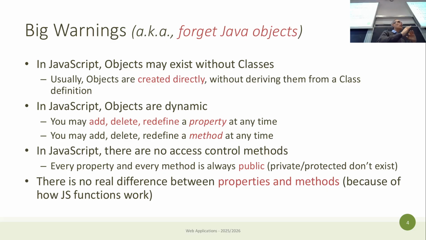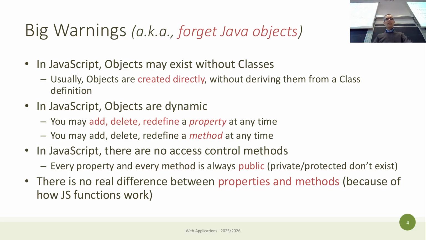So we are going to see traditional JavaScript objects. So objects are just created directly without deriving them from a template, which we also name class as in traditional object-oriented programming. And objects are also dynamic, differently from traditional object-oriented programming. So you can add and remove properties. We say methods, meaning functions and so on, in the object. Okay?